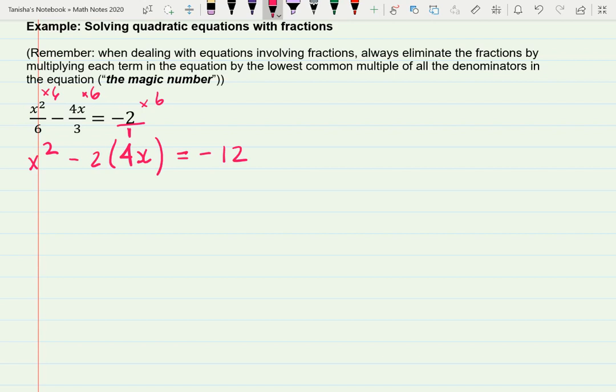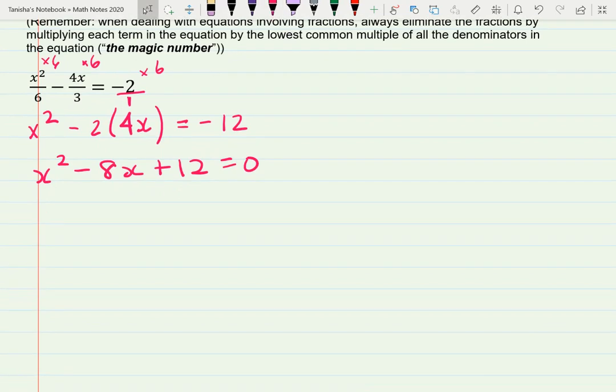Okay, when we simplify and move our terms to one side of our equation, we have x squared minus 8x plus 12 equals 0. Factoring this expression gives us x minus 6, x minus 2, all equal to 0.